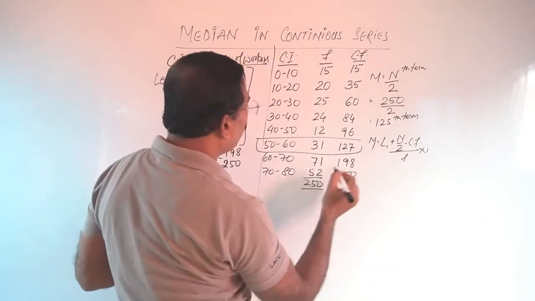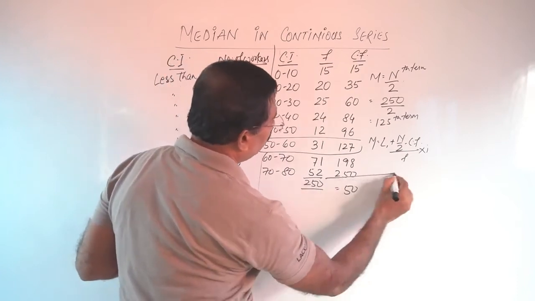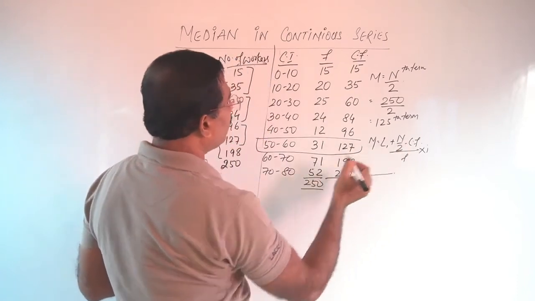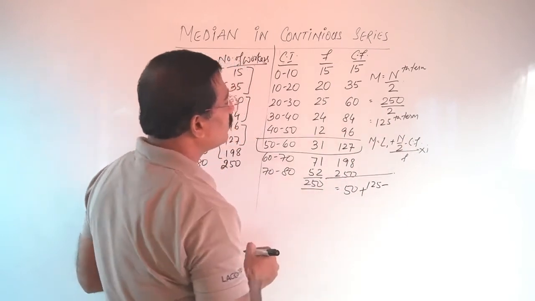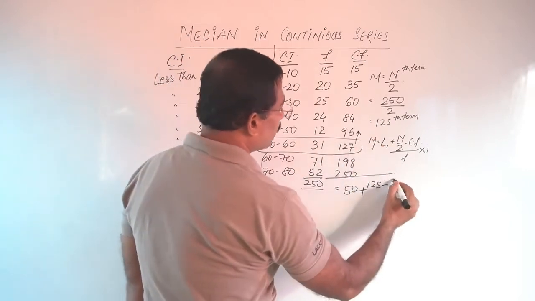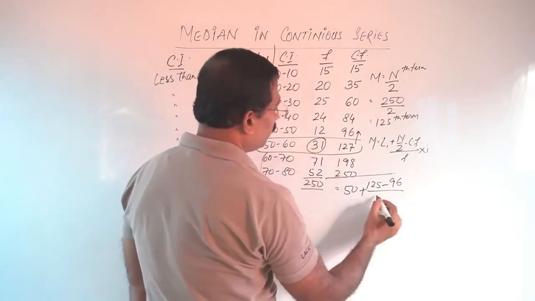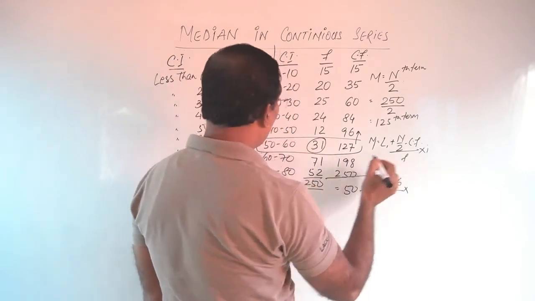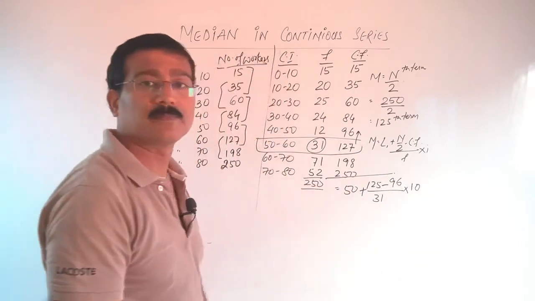Solve it. What is L1? L1 is 50 plus what is n by 2? This is 125 minus Cf, the preceding cumulative frequency. Preceding means 96, upon frequency, this is 31, into i, the difference of this here will be 10. Okay.